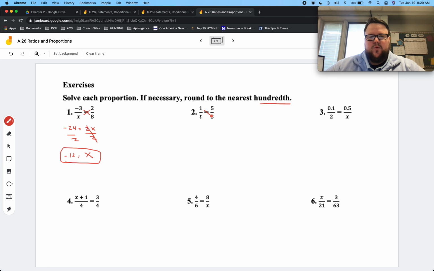Cross multiply. So we'll do number 2. 3 times 1 is 3 equals 5t. So this is one where you would have rounded to the hundredth, but we're going to leave our answers in fractions. So I divide both sides by 5, and you get t equals 3/5.